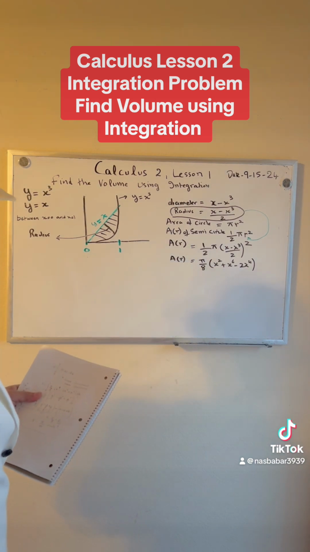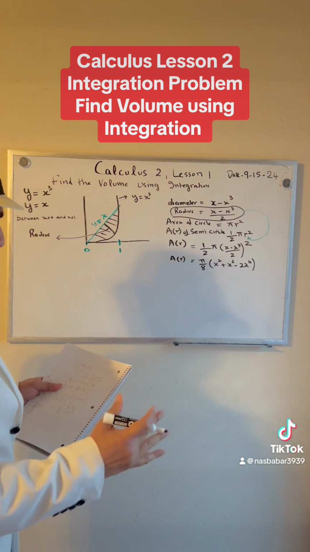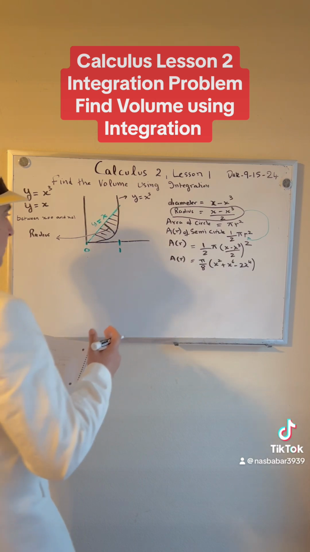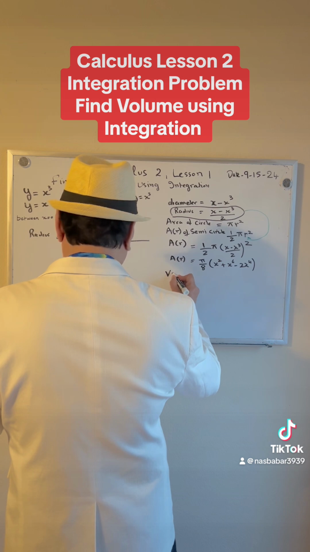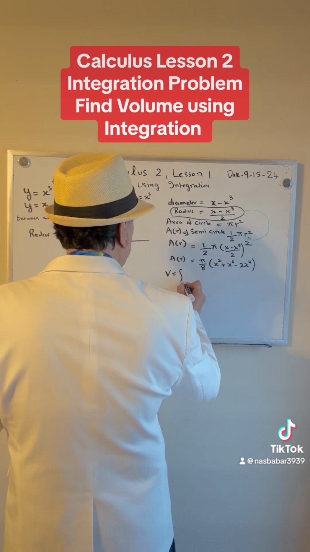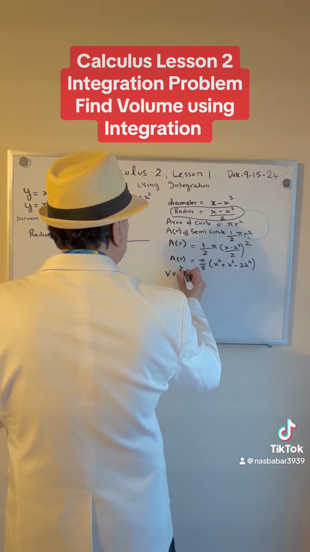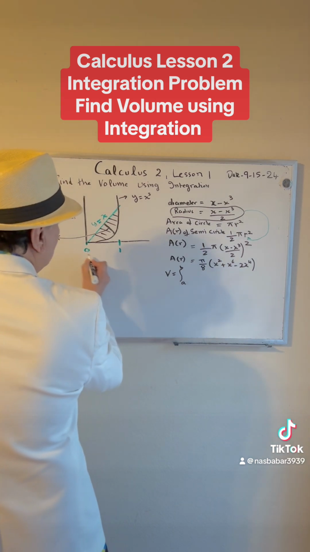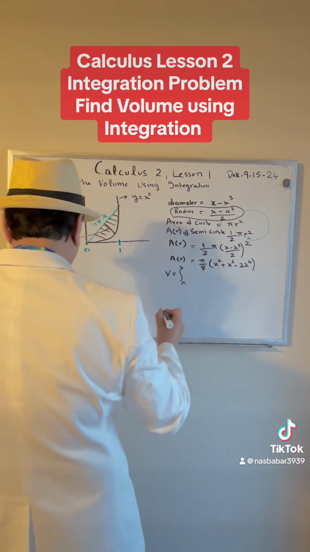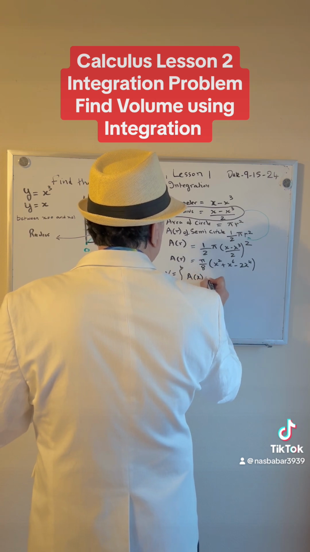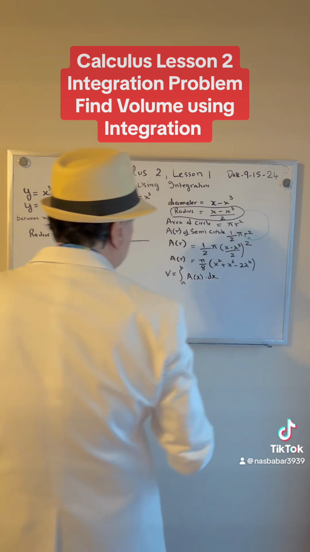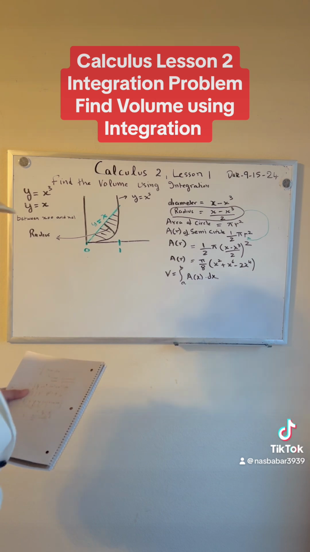Okay. So then what we have to do is find the cross-sectional area formula, which is for finding the volume. So then that is going to be V from a to b, a being the starting point, which in this case is 0, b in this case is 1, A(x) dx. Now let's go ahead and plug in.